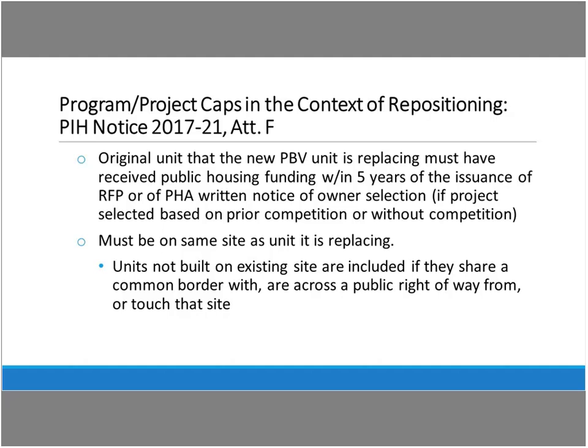If you choose to increase your density on the site, so say you wanted to redevelop more units on that site moving forward than had existed as a public housing property, you would then both consider this exemption for units which had previously received public housing and apply the other project caps once you exceed the number of former public housing units that were on that site.